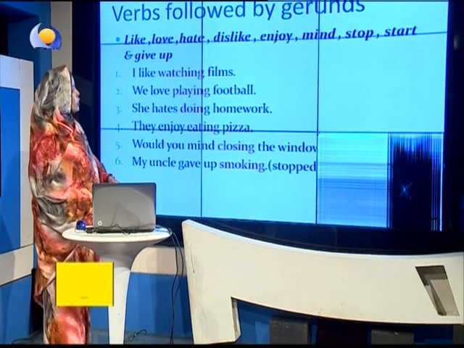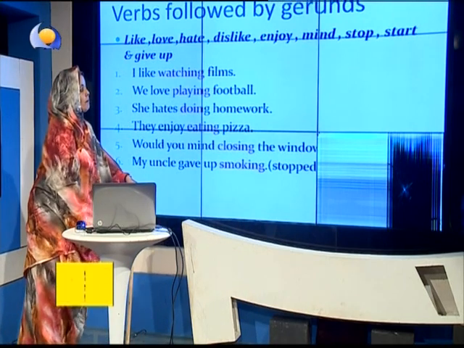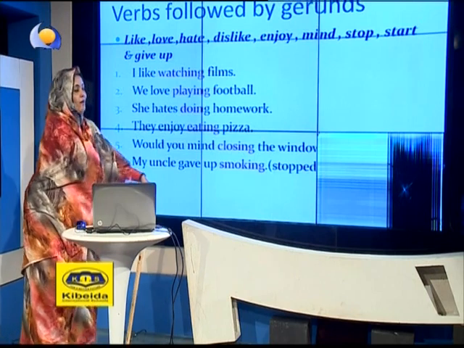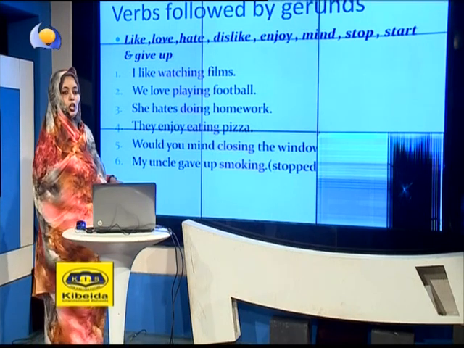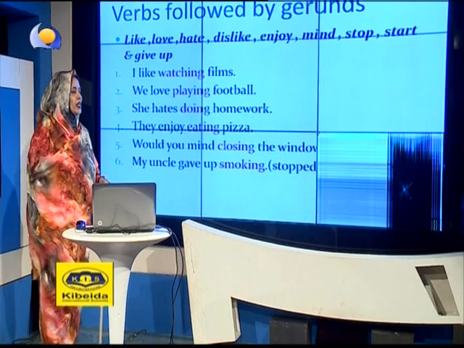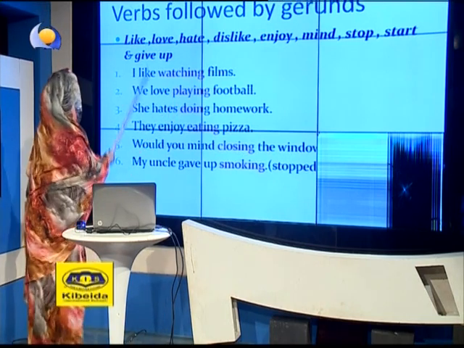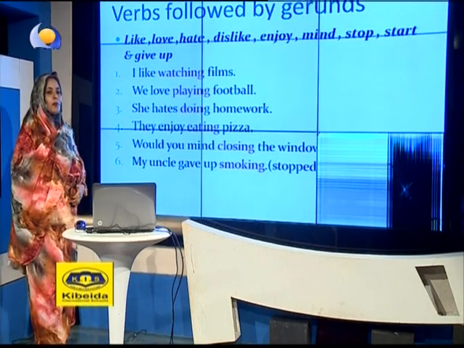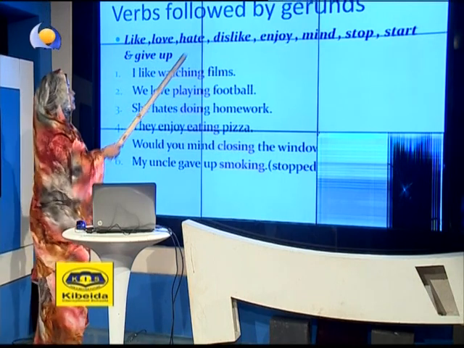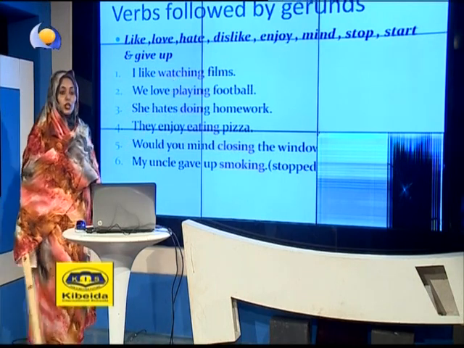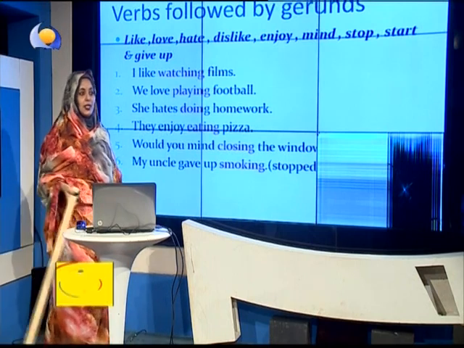In English, there are some rules for writing and some verbs that whenever they appear, they are followed by gerunds. What are gerunds in English? Your verb with ing without any helping verb before. And by the way, gerunds are nouns. Gerunds are nouns, they are not verbs.